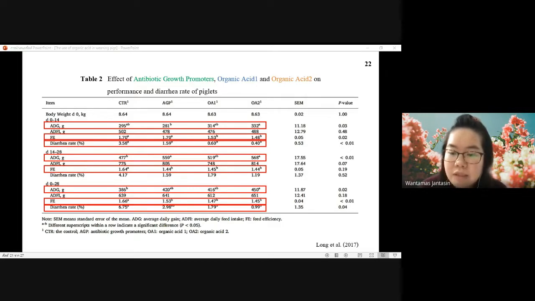So when we supplement organic acid, normally they will show the performance and also show, like, the microbial in the feces or something like that. And for another purpose, when we use organic acid in the pig diet, we want to balance the microbial in the intestine or in the GI tract of the piglet also.